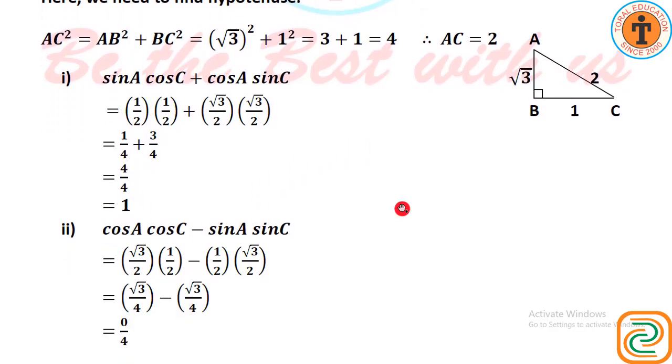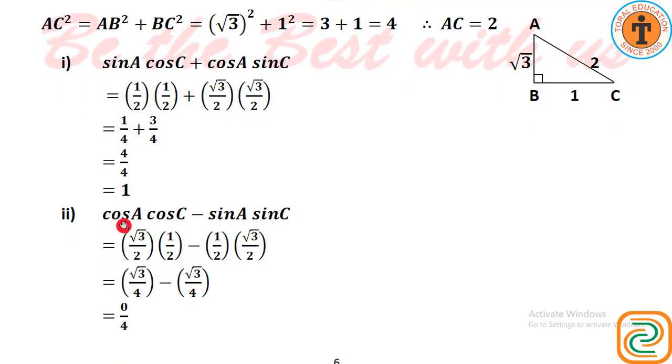Second question in the same: cos A cos C minus sin A sin C. Cos A means adjacent upon hypotenuse, root 3 by 2. Cos C means adjacent BC upon hypotenuse, 1 upon 2. Minus sin A, sin means opposite upon hypotenuse, opposite 1, hypotenuse 2, 1 upon 2.